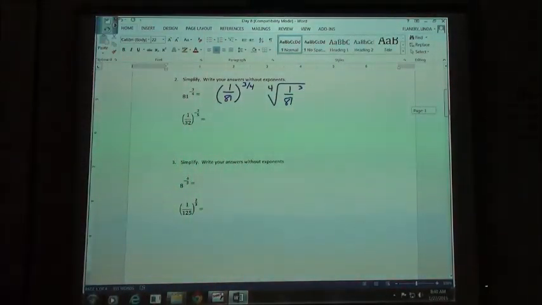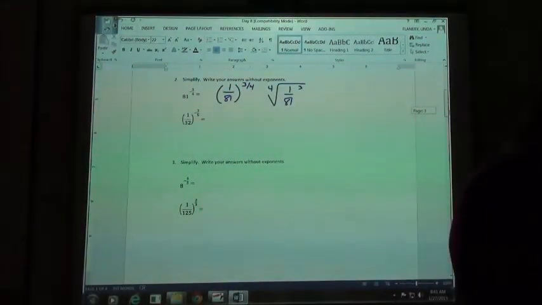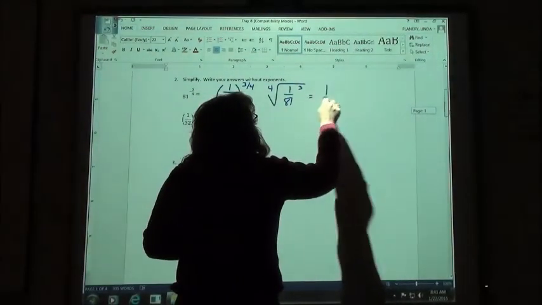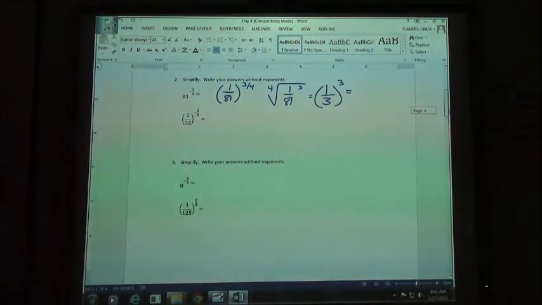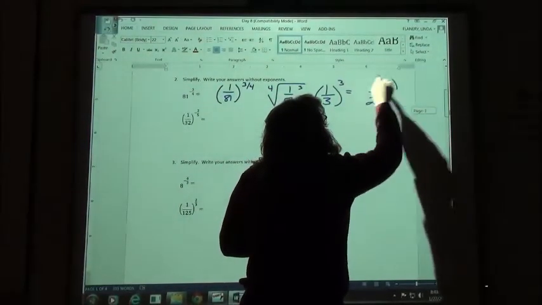So I have to think about what's the fourth root of 81. Three. So the fourth root of 1 over 81 would be 1 over 3, 1/3. And then I'm going to cube 1/3, so 1/3 cubed would be 1 over 27. So 1 over 27 would be my first answer there.